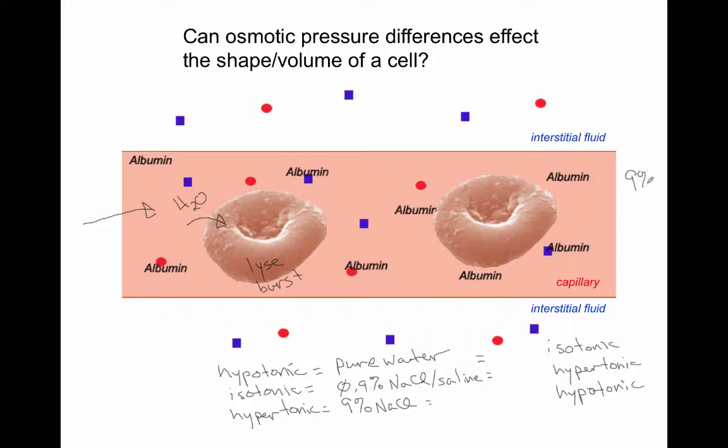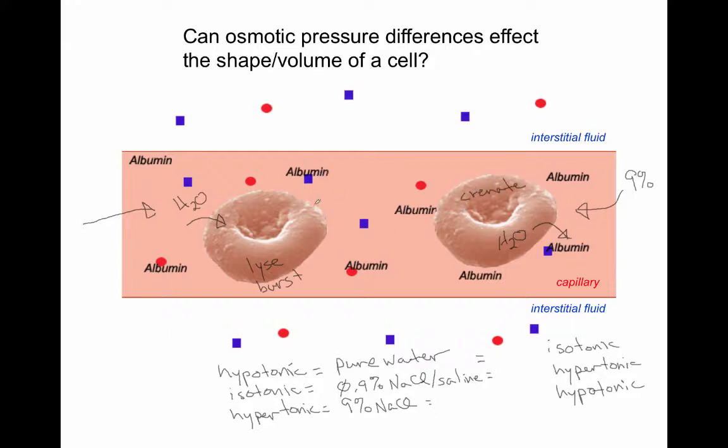So if we put this 9% into the bloodstream, and you have a lot of solute in that, water is going to want to follow salt to balance out the pressure. And so the water that's within the cell will pull out into the surrounding plasma, and these cells will then crenate.